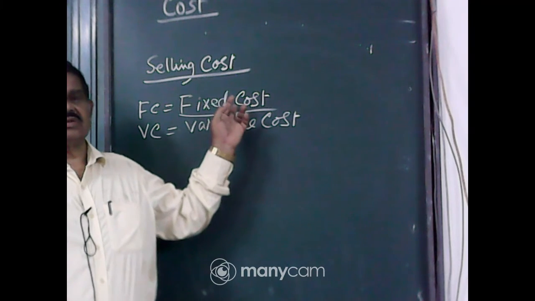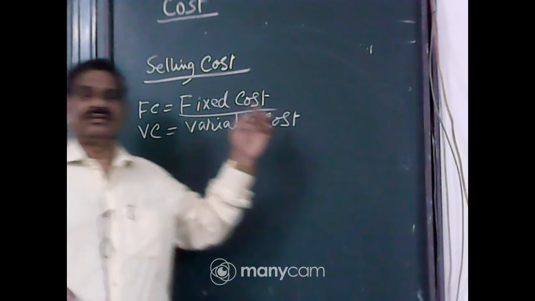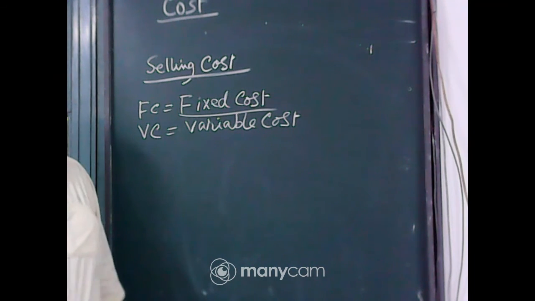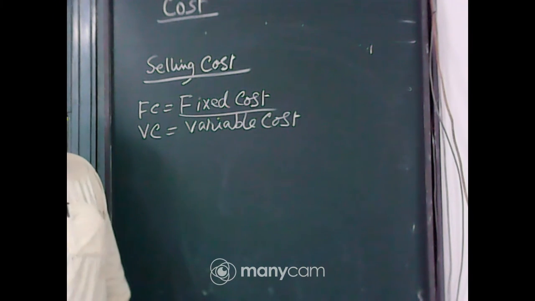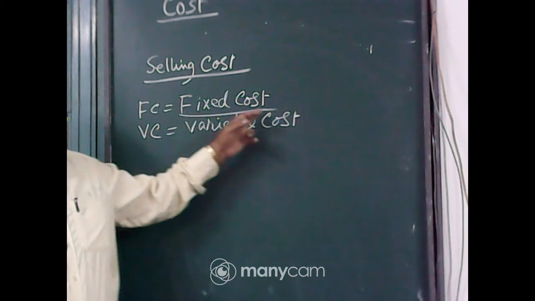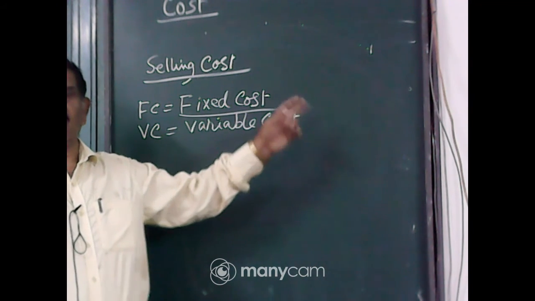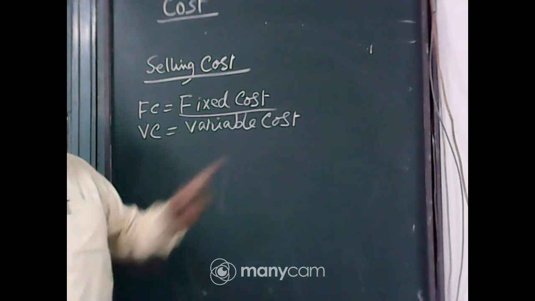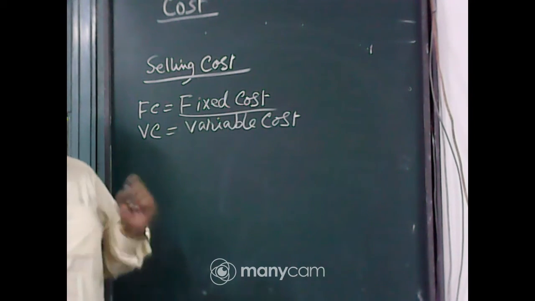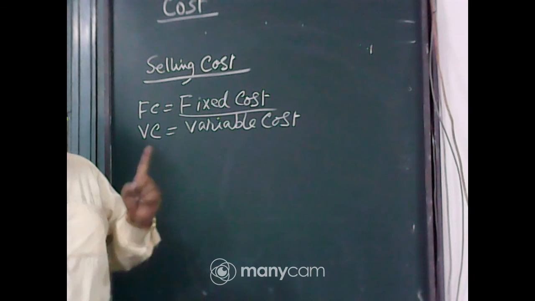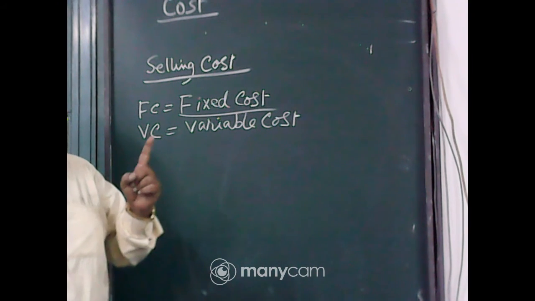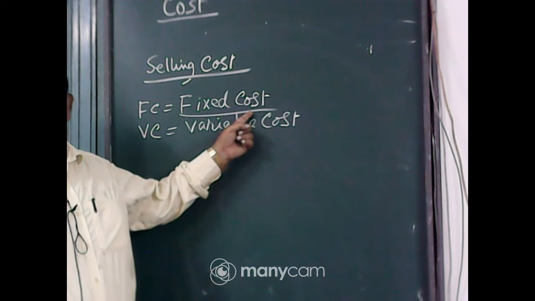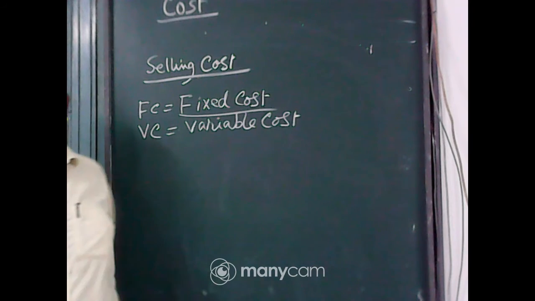Therefore, a fixed factor of production cannot be increased in a short period of time. It takes a longer period of time. So fixed cost is fixed in the short period. The cost incurred for the fixed factor of production is called fixed cost. And in the short run, it cannot be increased so easily.